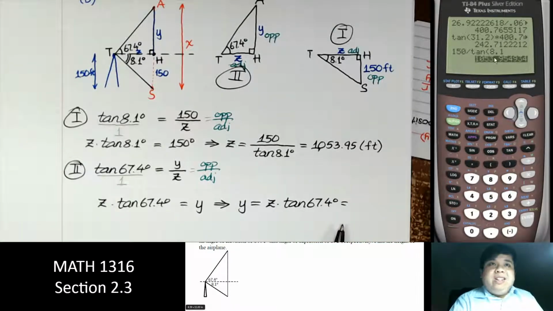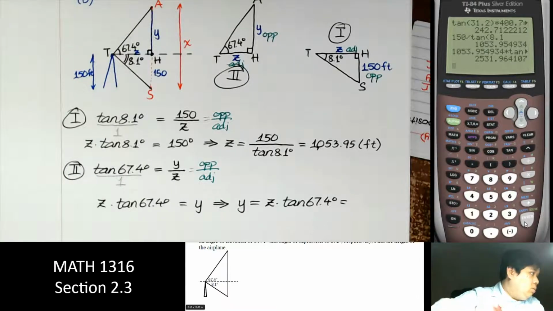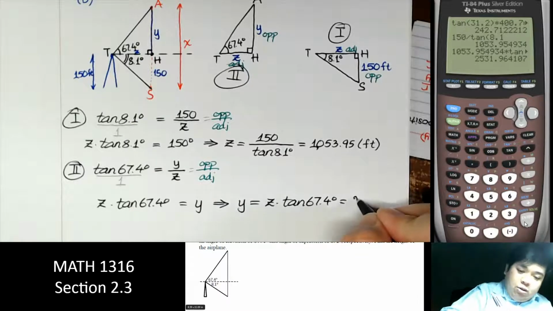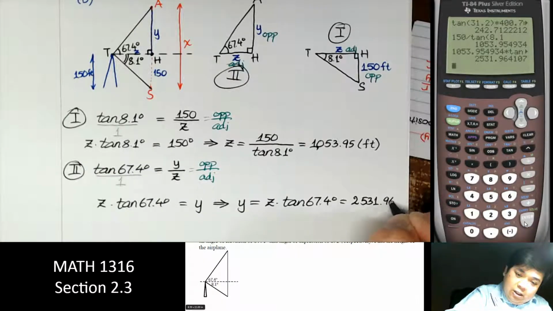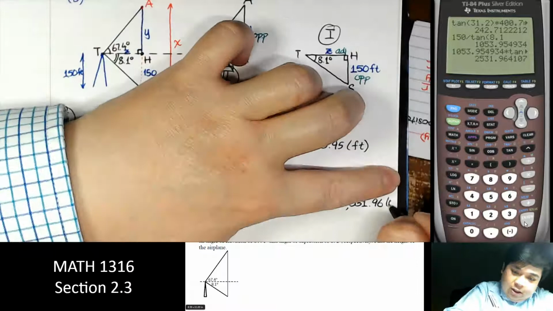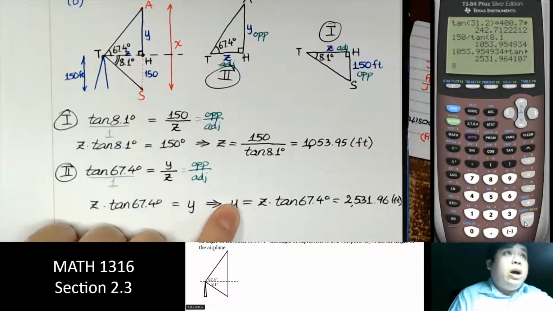So this one is Z times tangent of 67.4 degrees, and we have 2,531.96 feet. So that is Z. I mean, that is Y.